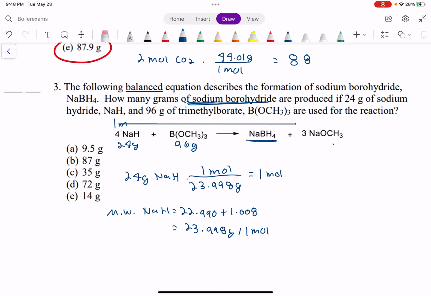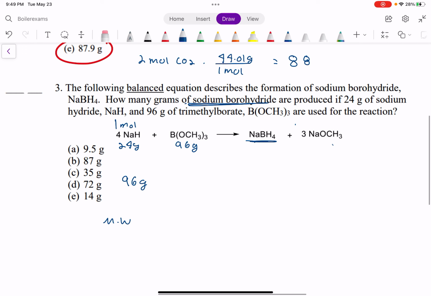Wonderful. Okay, erase all this. Do the same thing for the trimethyl borate. We have 96 grams of this. Let's figure out the molecular weight. The molecular mass of boron is 10.811. And then oxygen is 16. Carbon's 12.01.